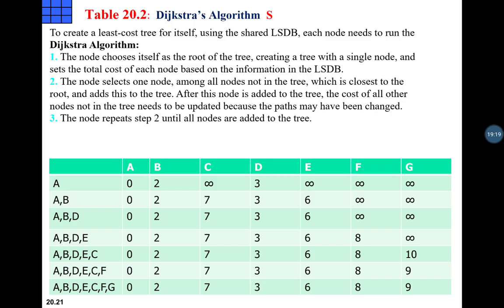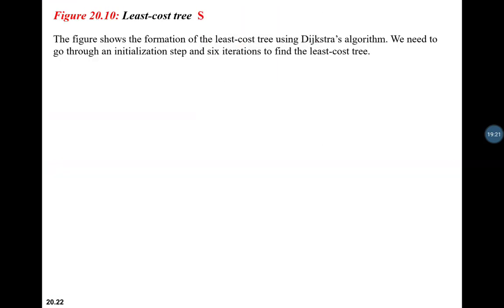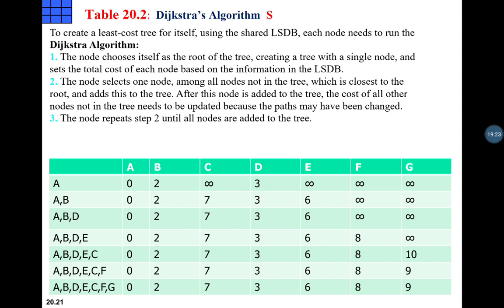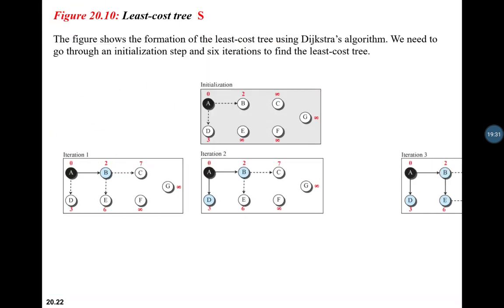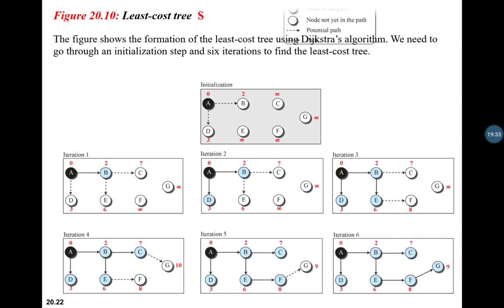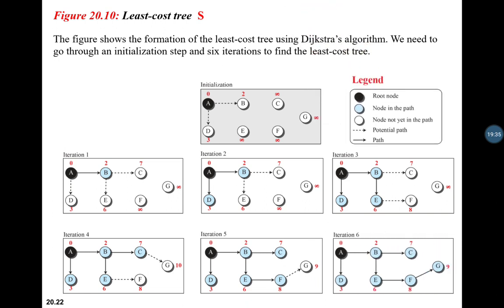By taking this example, the Dijkstra algorithm is explained, where the algorithm is used to create the least cost tree for itself. Each node runs this Dijkstra algorithm, and these are the least cost trees for the same example, considering A as the root node. It has to be with respect to different root nodes. Different least cost trees are formed using the Dijkstra algorithm.